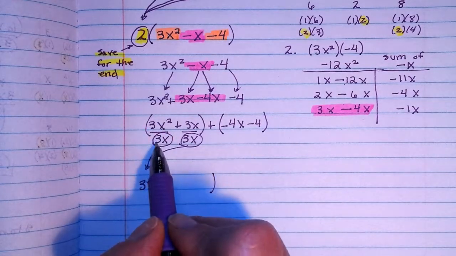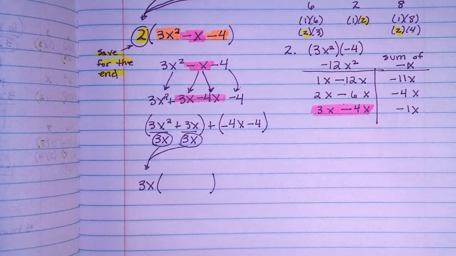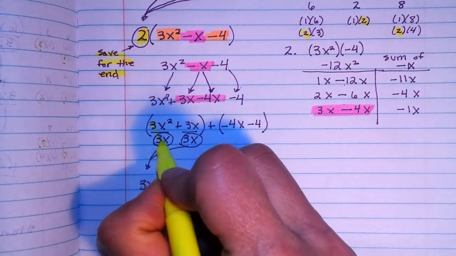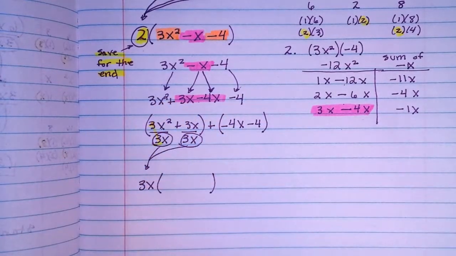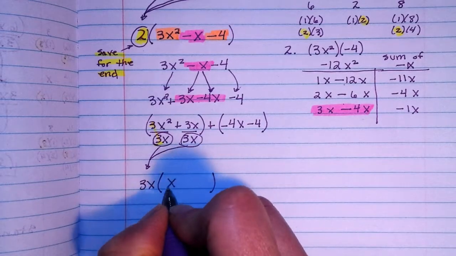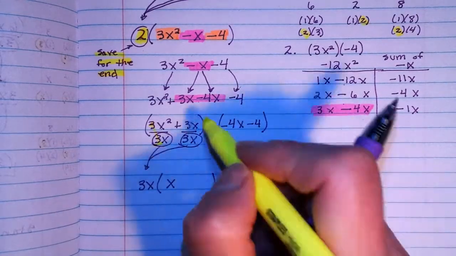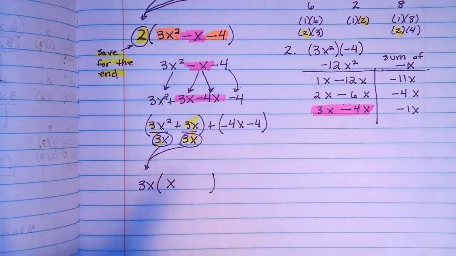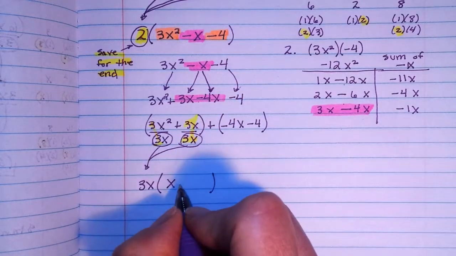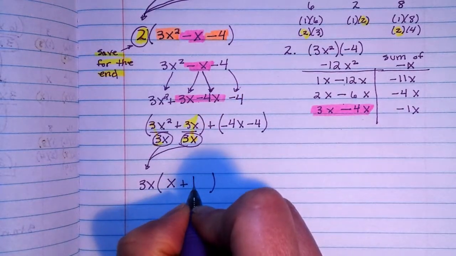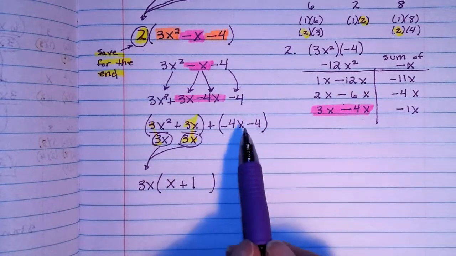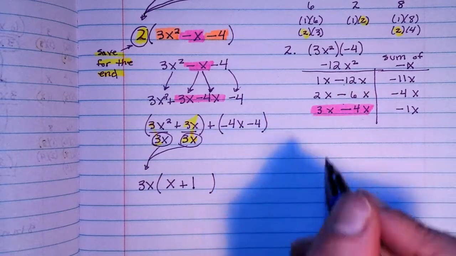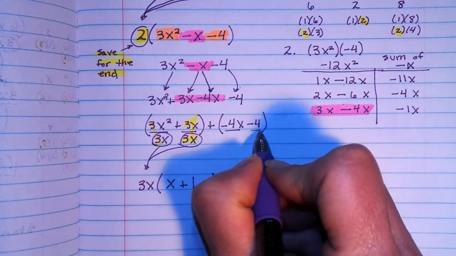Well, 3 divided by 3 is 1. And x squared divided by x gives me x. 3x divided by 3x is 1, so this gives me a plus 1. Now, what am I going to factor out of here? Well, it looks like it's 4.